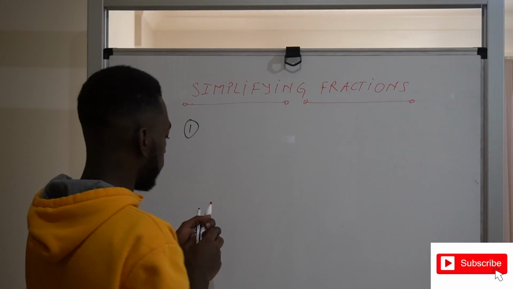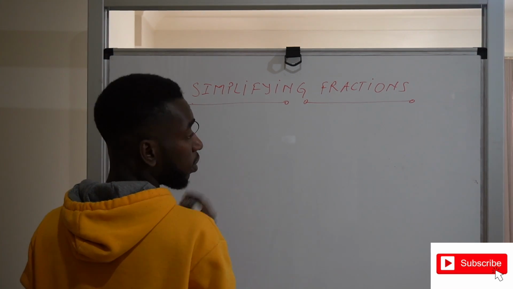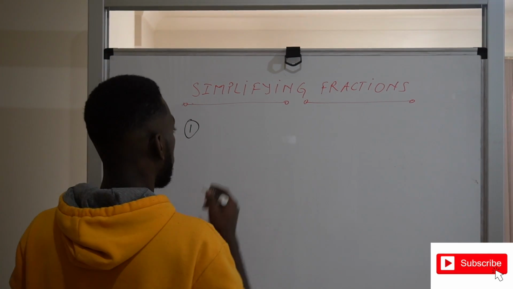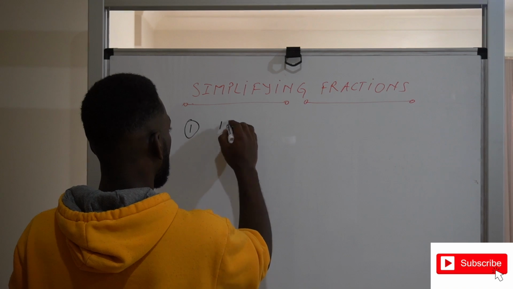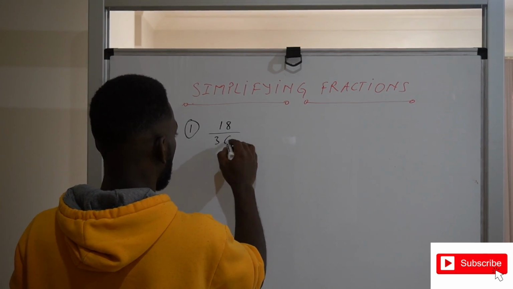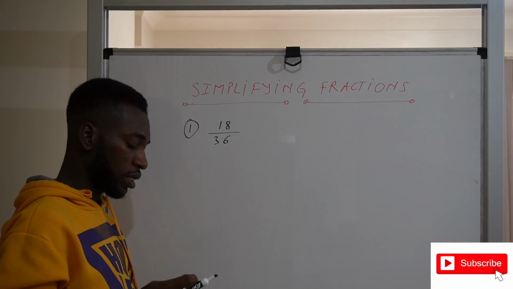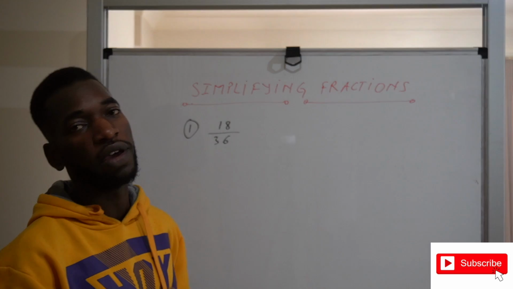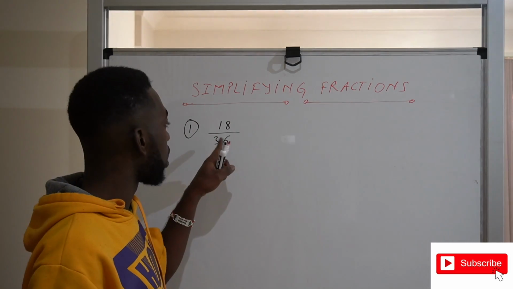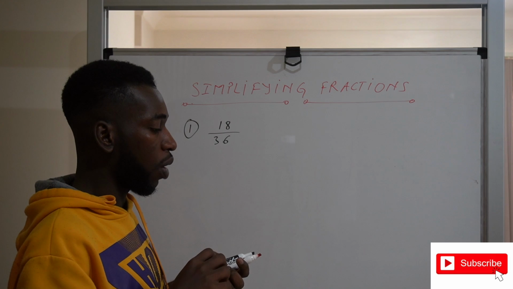Another example that we can look at, let's make 18 and 36, right? So I'm putting 18 and 36. Let's see the difference here, because this question is important to understand. It will illustrate what I was talking about.